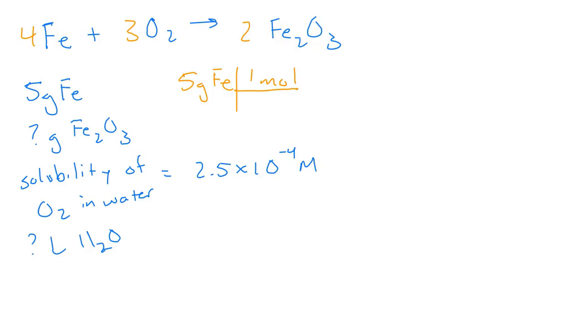All right, I'll say 55.8 grams, so that's our moles of iron. So let's use our molar ratio. We have 4 moles of Fe, iron, and we're going to have 3 moles of oxygen.